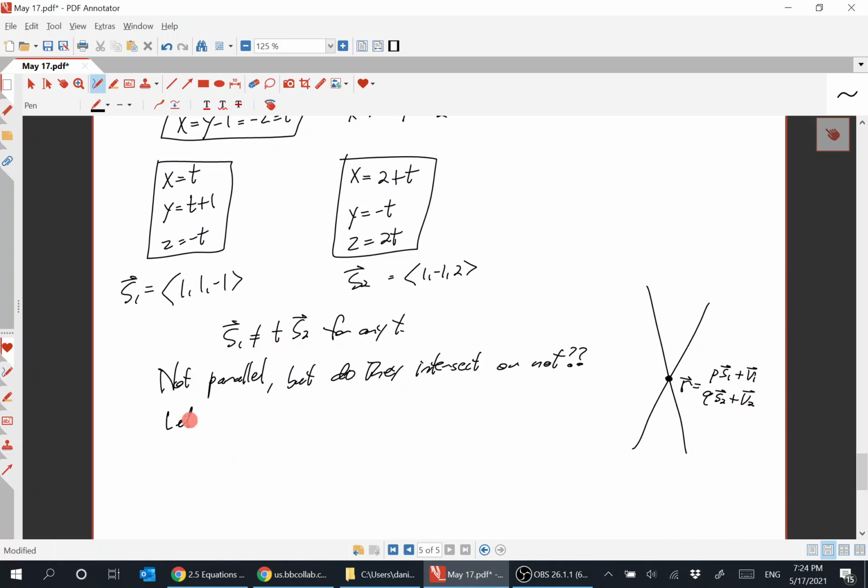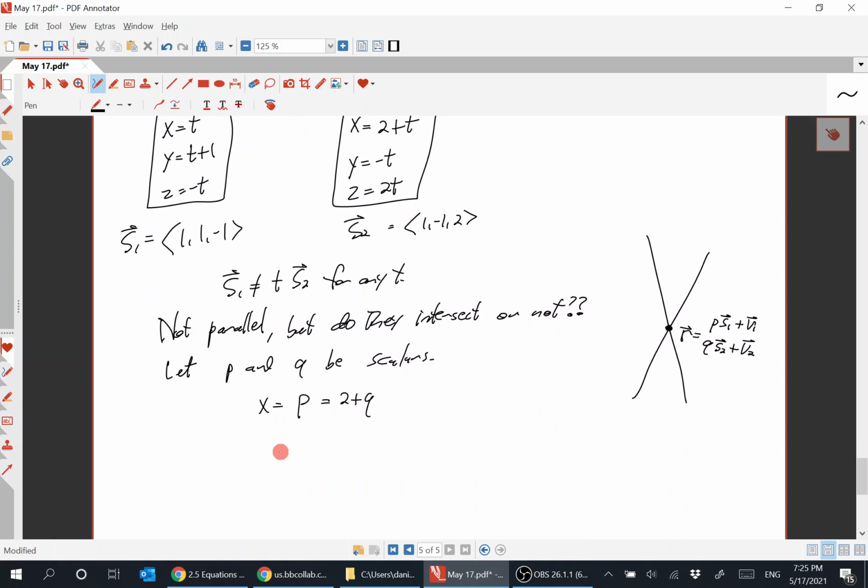Okay, so let p and q be scalars. We need that x is equal to p is equal to 2 plus q. So use p for this line, q for that line as a scalar.